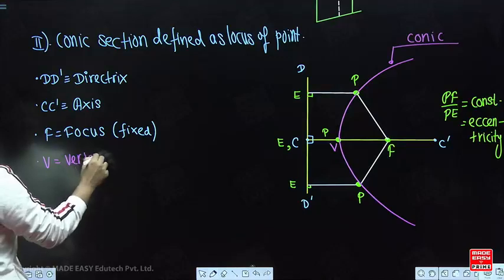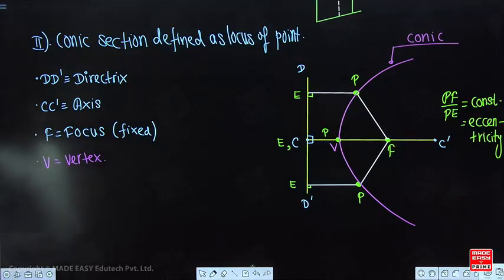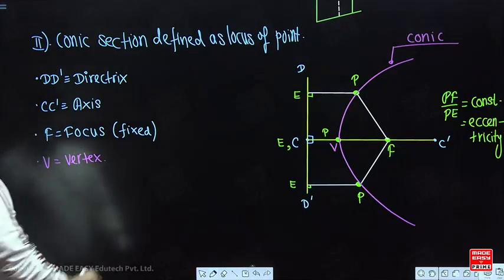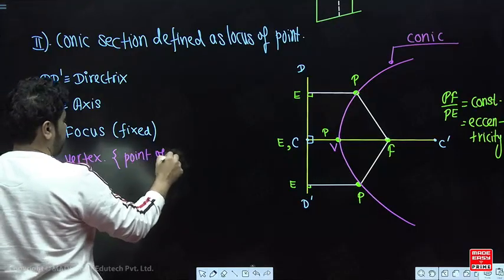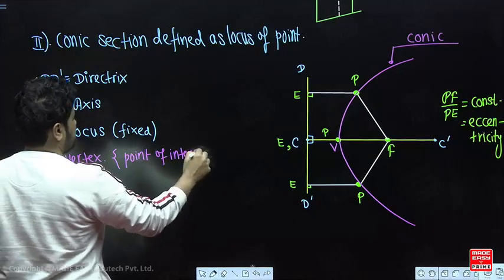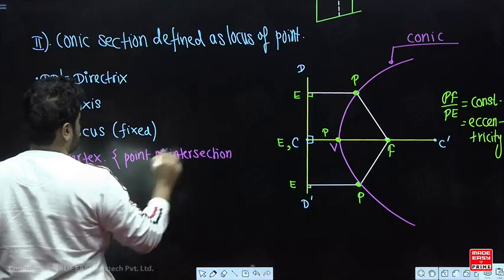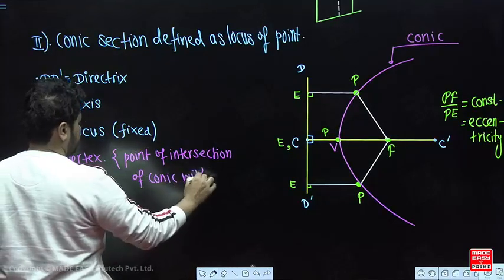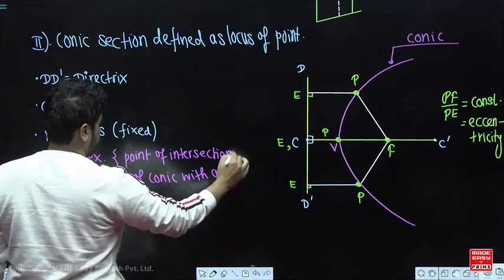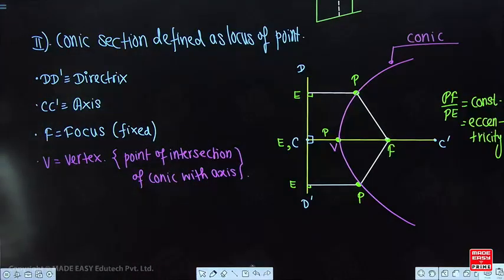Vertex is nothing but the point of intersection of the conic with the axis, right? So this is your conic.